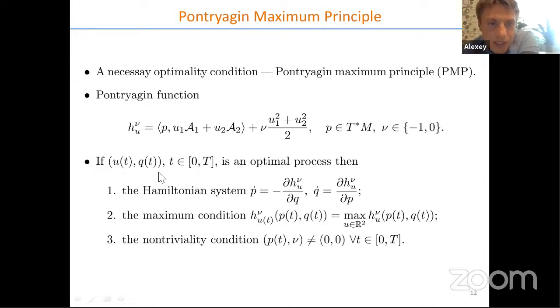The PMP says that if u and q are optimal control and optimal trajectory correspondingly, then the following conditions hold. First, it is a Hamiltonian system, which in classical Darboux coordinates is written in the following way. Then the maximum condition: the Pontryagin function attains its maximum on extremal controls. And the non-triviality condition: the initial covector shouldn't be 0.